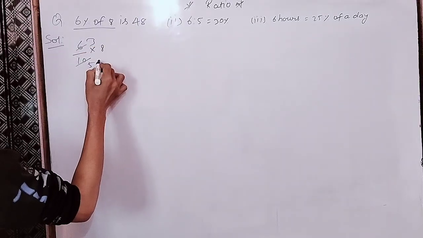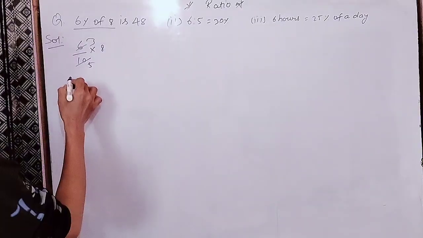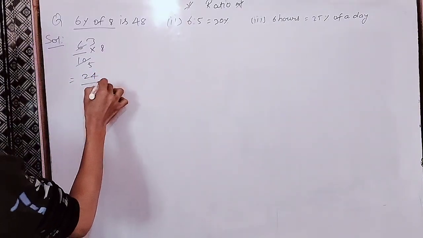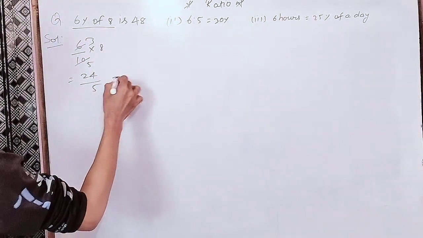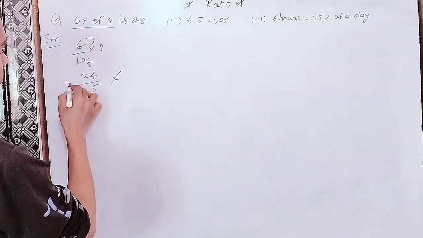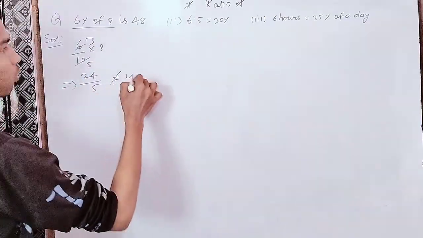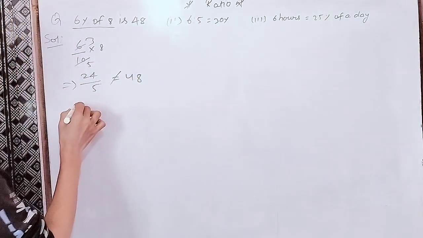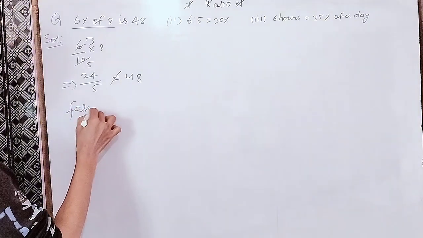24 over 5, which is not equal to 48. This is false. Clear?